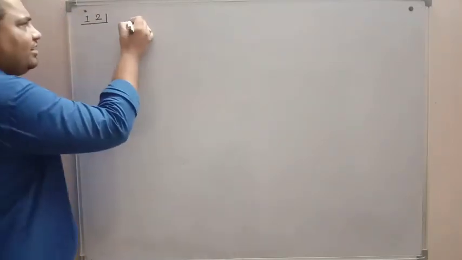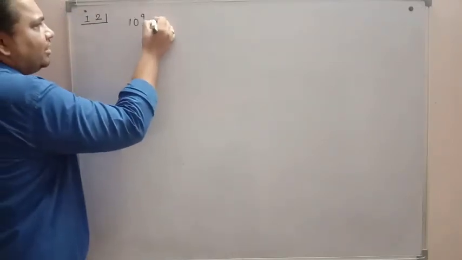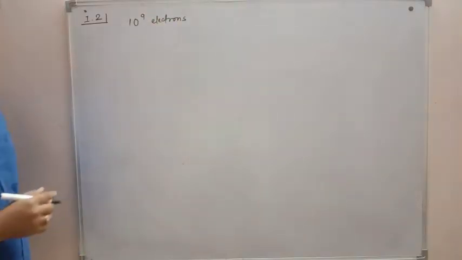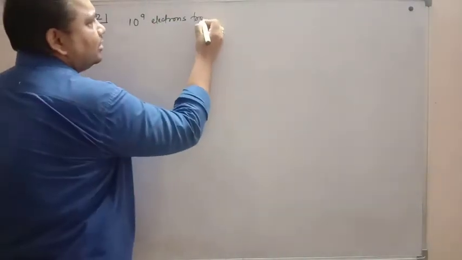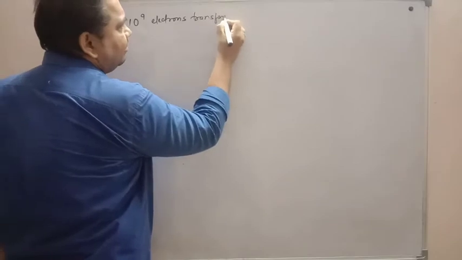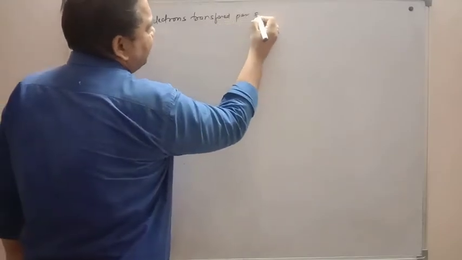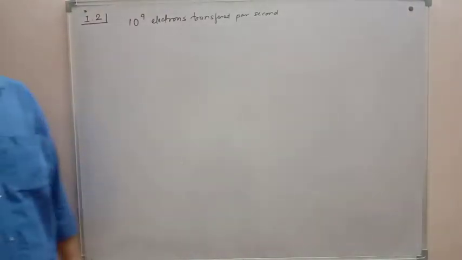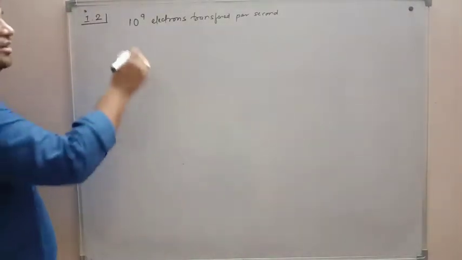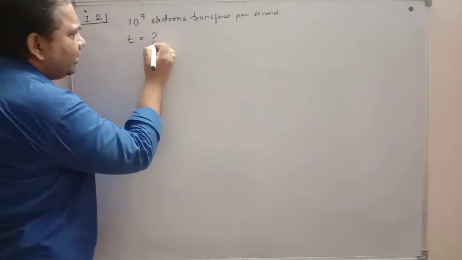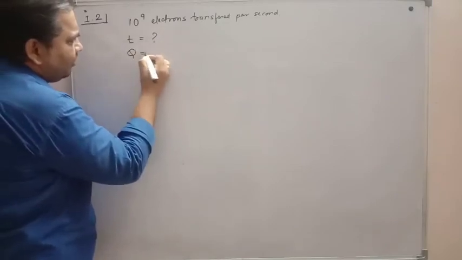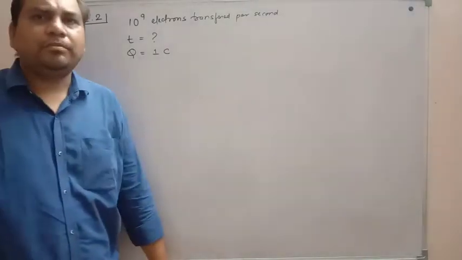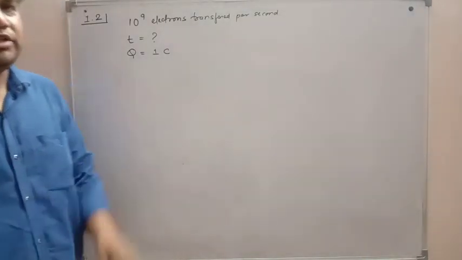It is given that 10 power 9 electrons are transferred per second from one object to another object. We have to calculate the time required for charge to become 1 coulomb on each object.